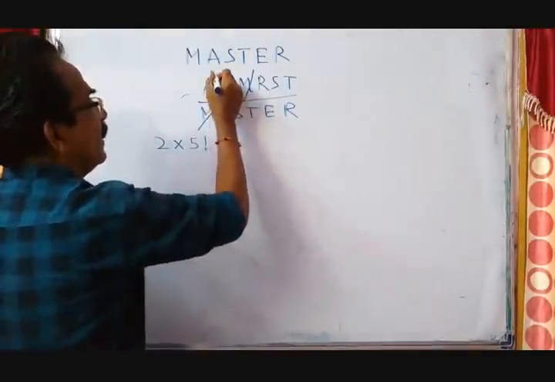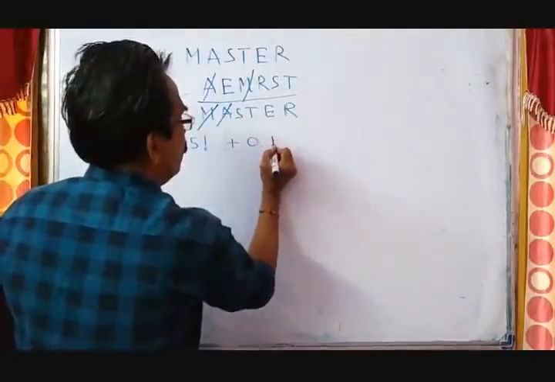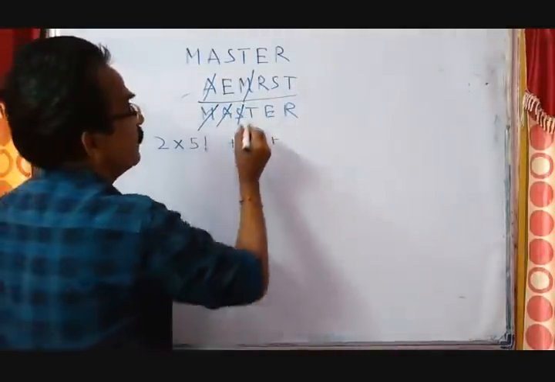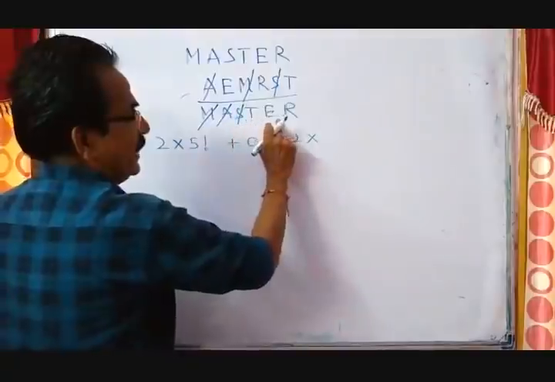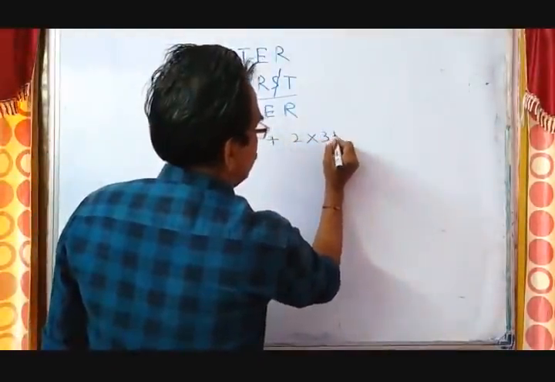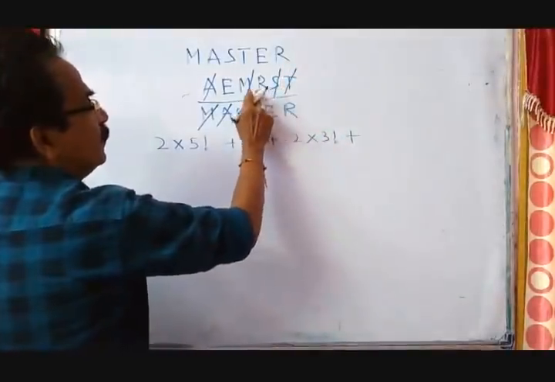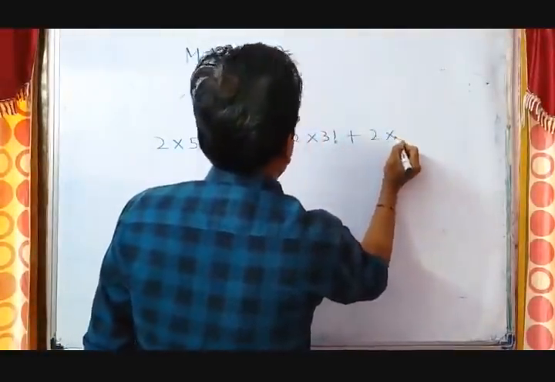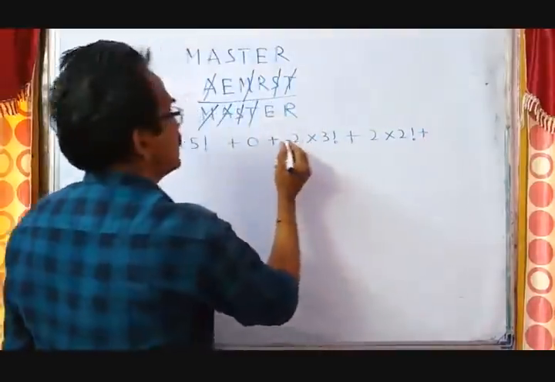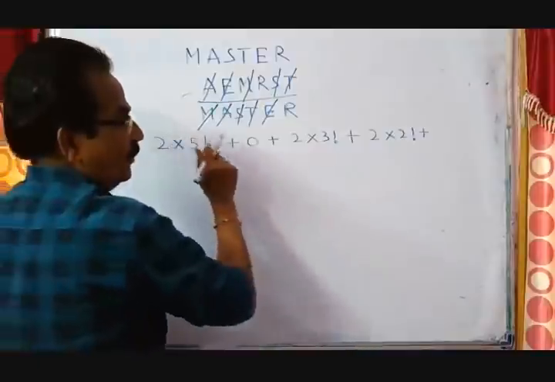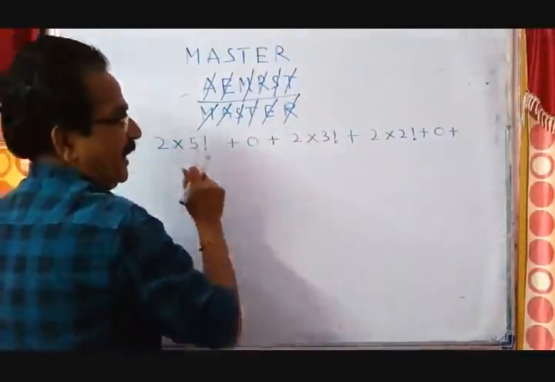let us write A. There is no letter to the left of A, so you can take it as 0 plus, let us write S. Here 2 letters are remaining to the left of S, 2 multiplied by 3 letters to the right of S, so 3 factorial plus, let us write T. 2 letters are remaining to the left of T, 2 multiplied by 2 letters remaining to the right of T, that is 2 factorial plus E. There is no letter to the left of this, so you can take it as 0 plus, let us write R. Again you can take it as 0.